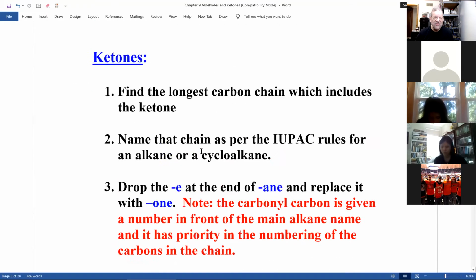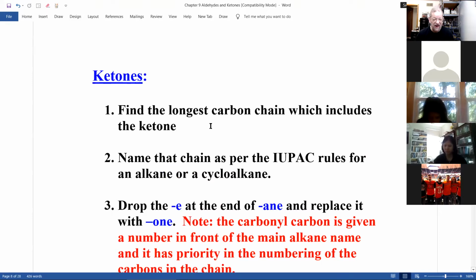And ketones, you find the longest chain or ring which contains the ketone, meaning the carbonyl carbon, carbon double bond to oxygen.